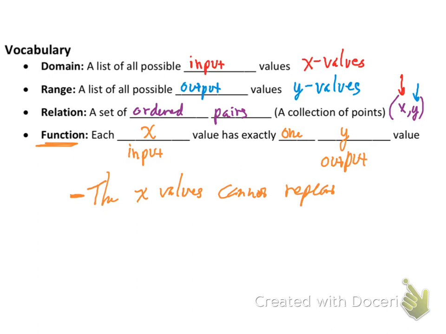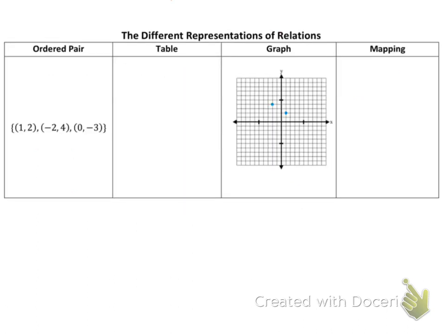So let's look at how we can represent these. We have a relation here because we have this set of ordered pairs. There's 1, 2, 3 ordered pairs. One of the ways that we can see that relation is through a table, an XY table. Typically with this XY table, we put the x values in order from lowest to highest.